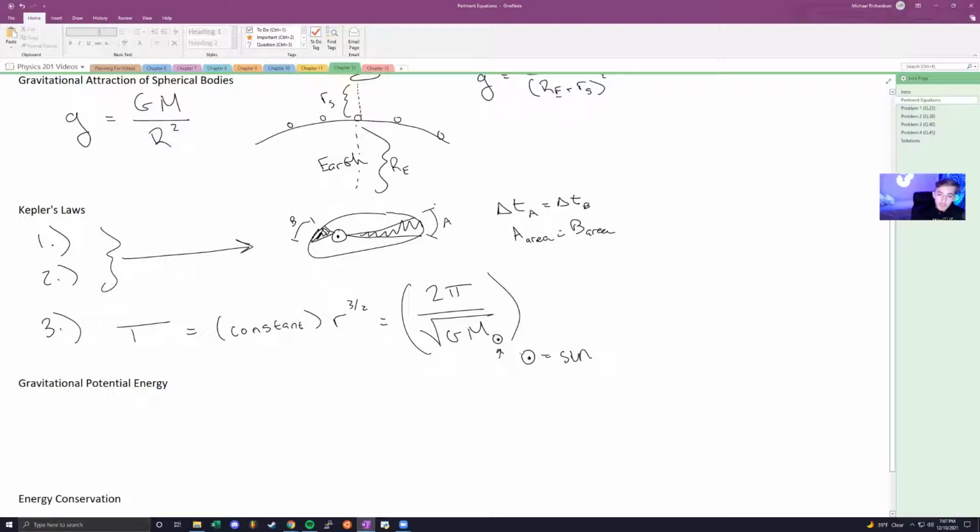This goes with a lot of notation that you'd see if you continue astrophysics courses, or even astronomy courses for that matter. Don't freak out about it. This won't be on your exam, but just know that this kind of notation exists. Since this is our constant, we're going to multiply again by the 3/2 power of our average distance from the sun.